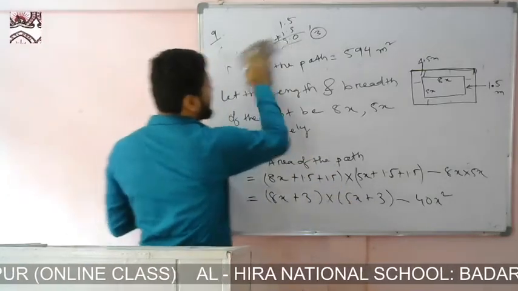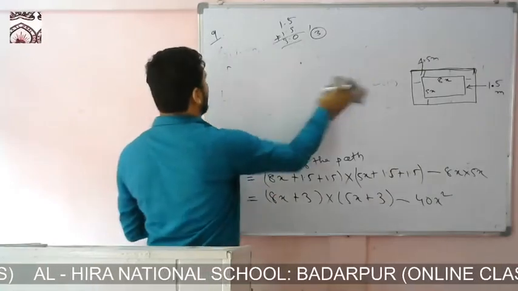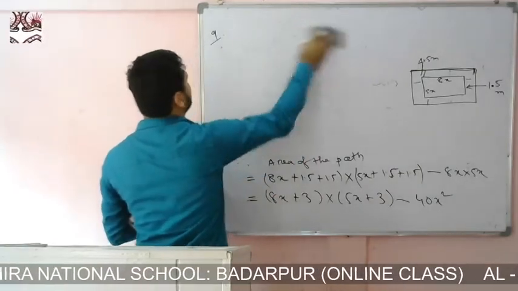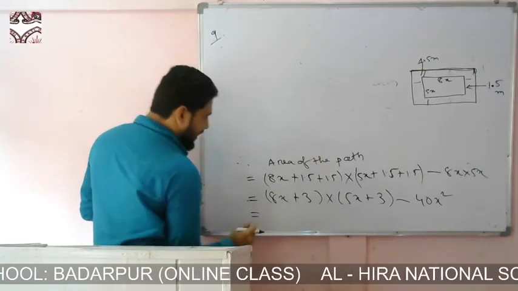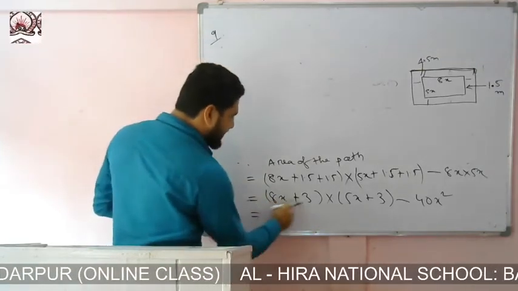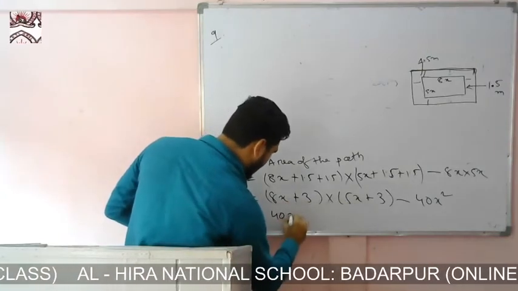So we find this one first. You see how much it is coming. 8x into 5x is 40x square.